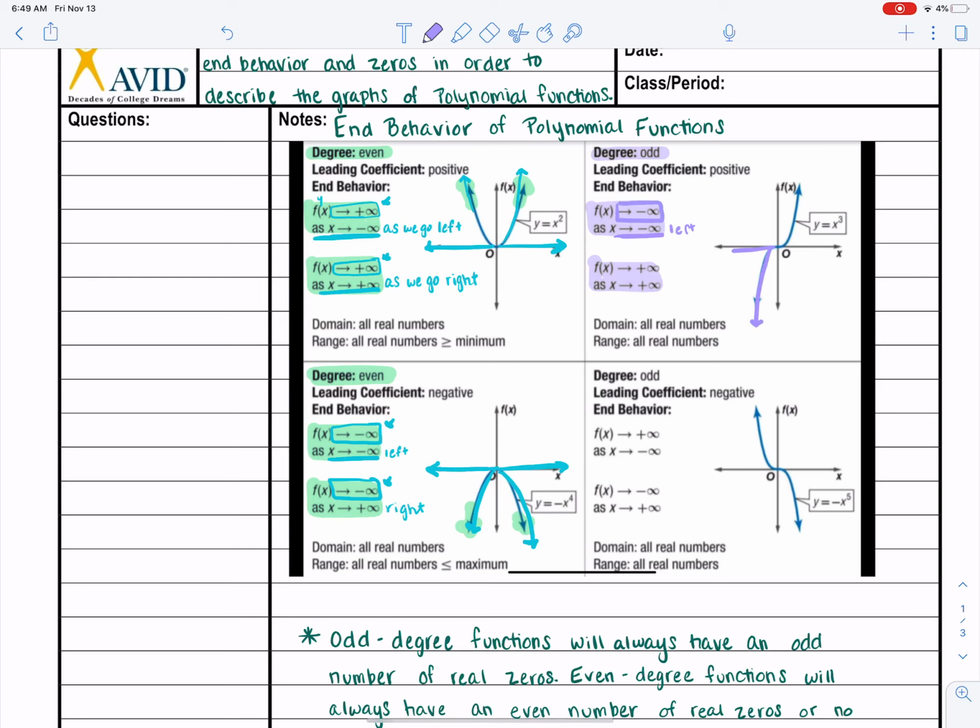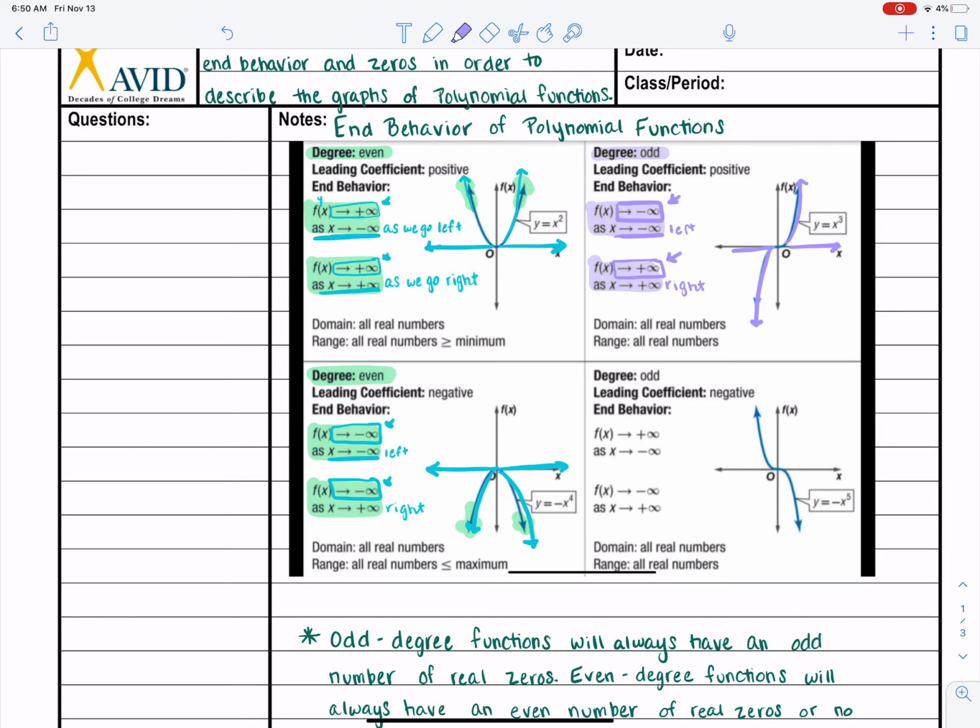So your y values are approaching negative infinity. As x approaches positive infinity, meaning I'm looking to the right, my y values are going up. So y approaches positive infinity. Okay, I have an odd degree and my end behavior is opposite. One is negative, one is positive. When you have an even degree, then your end behavior is the same.